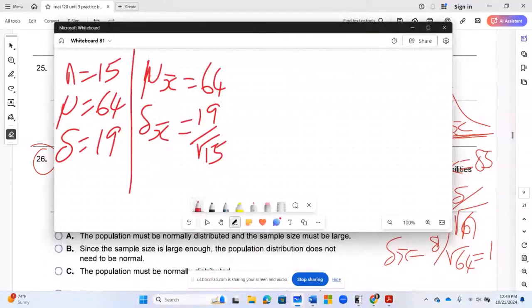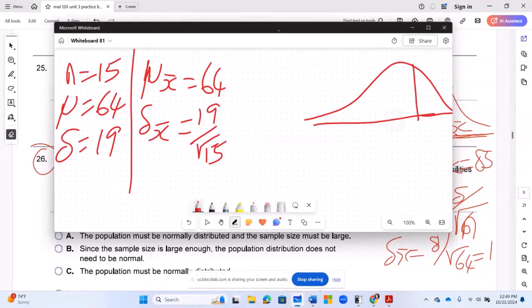So the first thing to do is to draw a normal curve and show 66.4. 66.4 is greater than the mean. The mean is right here, and the mean is 64. So 66.4 is here, and this is approximately the area to the right. Area to the right is from 66.4 to positive infinity.